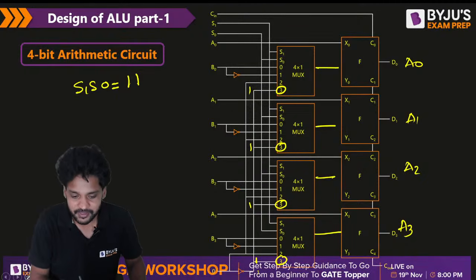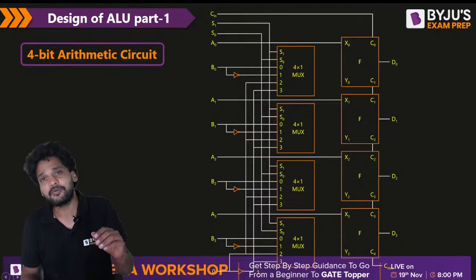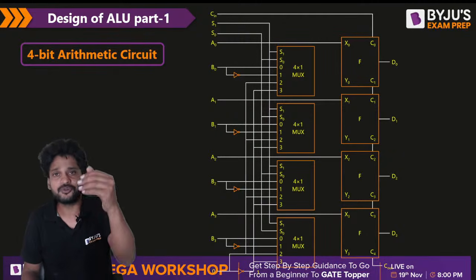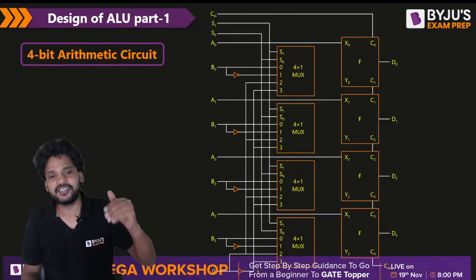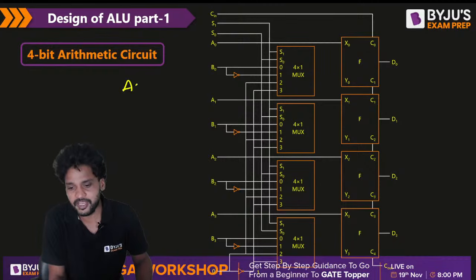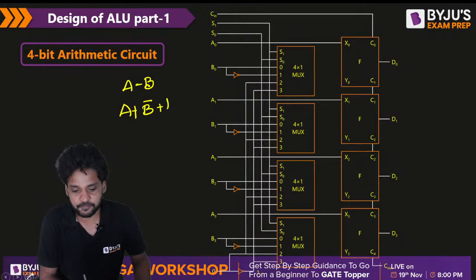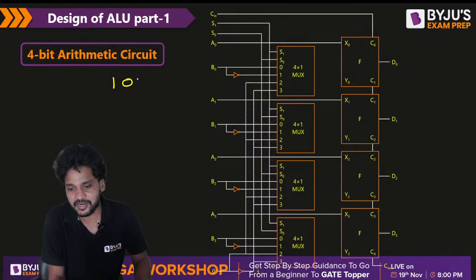But here we need to understand why exactly the decrement operation is being performed when we add those ones. The reason is very simple, because in the computer system, A minus B will be performed as A plus 2's complement of B, that is, A plus B's complement plus 1. So let us say I want to perform a decrement operation, 1011 minus 1.